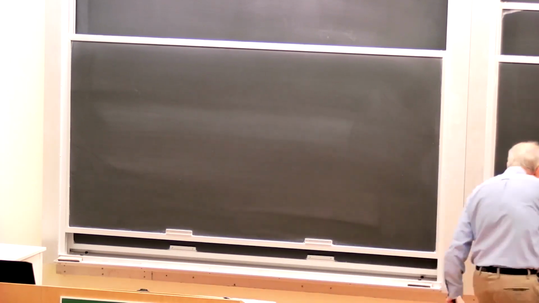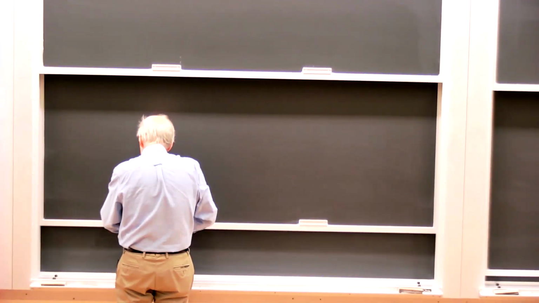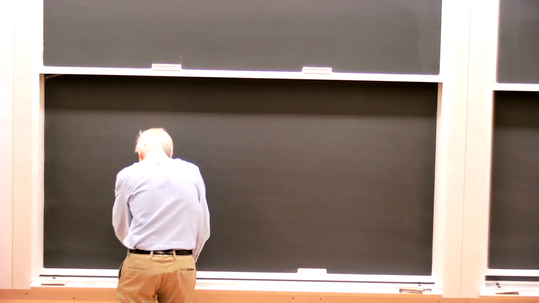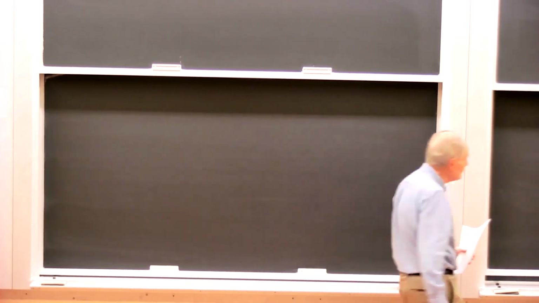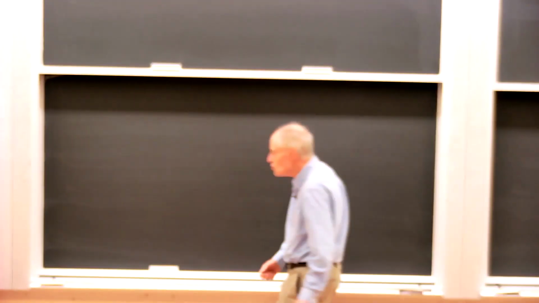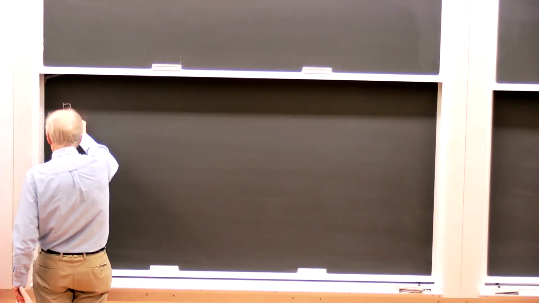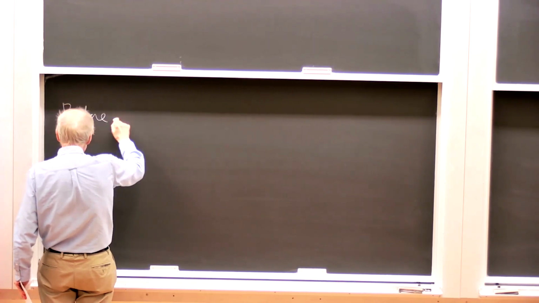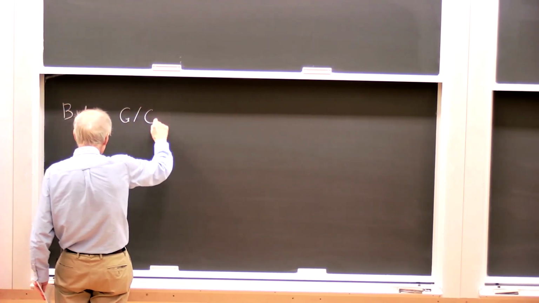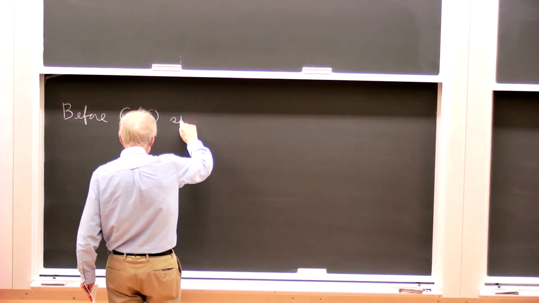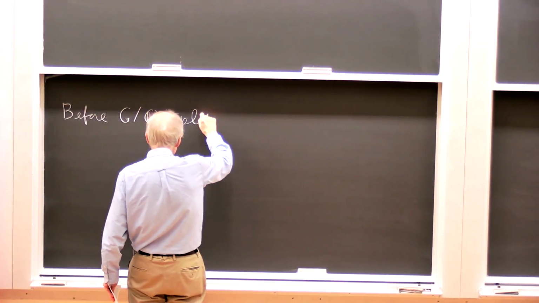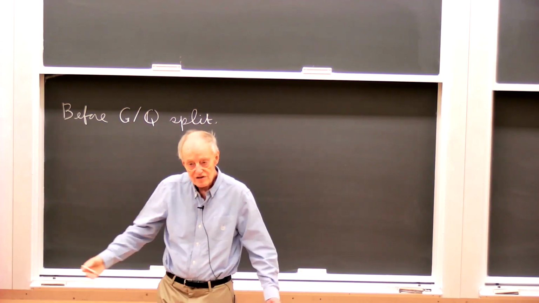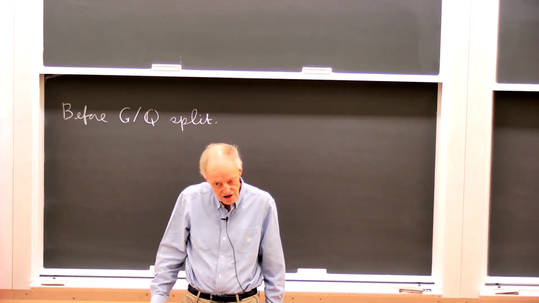We took G to be a split group. We took G over Q. This was last time. Split. And that's the simplest situation.